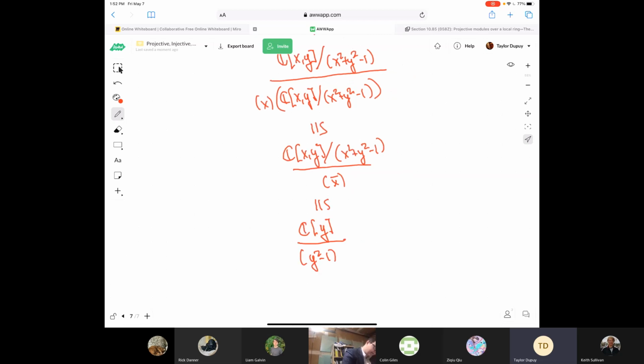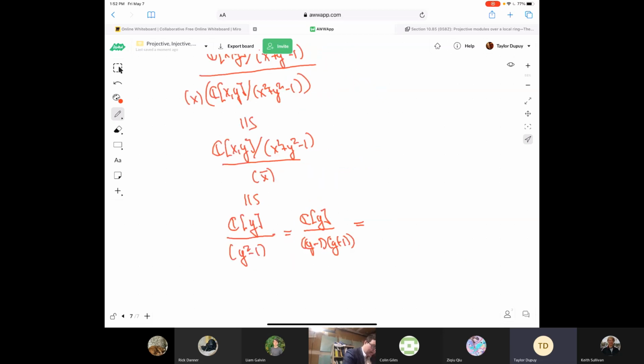So that is C of y over (y minus 1)(y plus 1). Way back, a long time ago, we showed that this was from the Chinese remainder theorem. And so from this part, you see that we have a direct sum here.